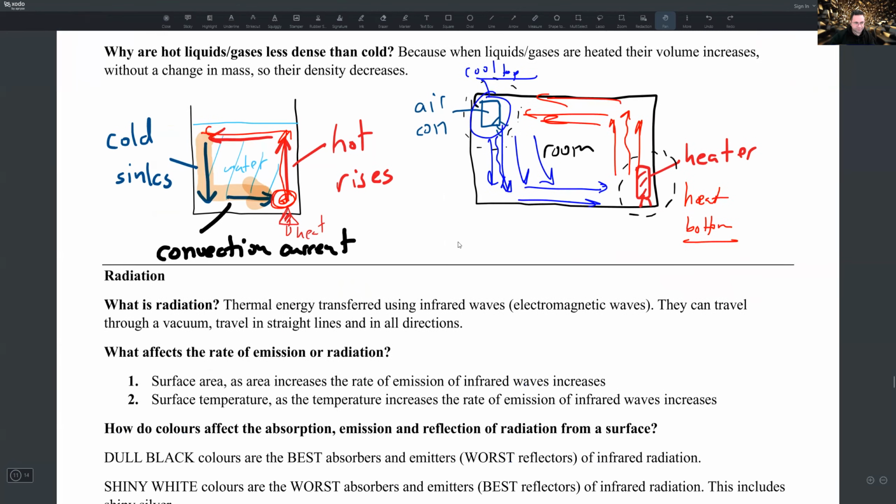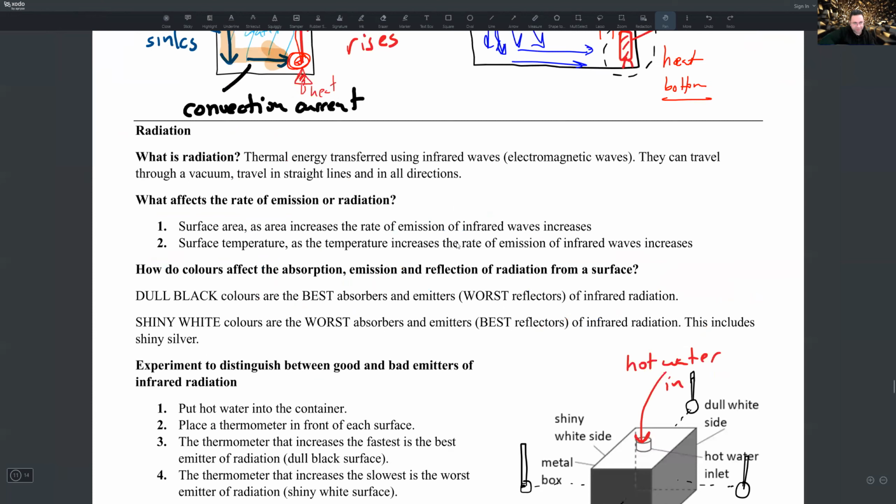Next. Finally, but what is radiation? Radiation is the fact that any object, including yourselves and myself, emits an infrared wave. That's an electromagnetic wave. It's an electromagnetic wave known as an infrared wave. Radiation is just the fact that every object emits infrared waves.